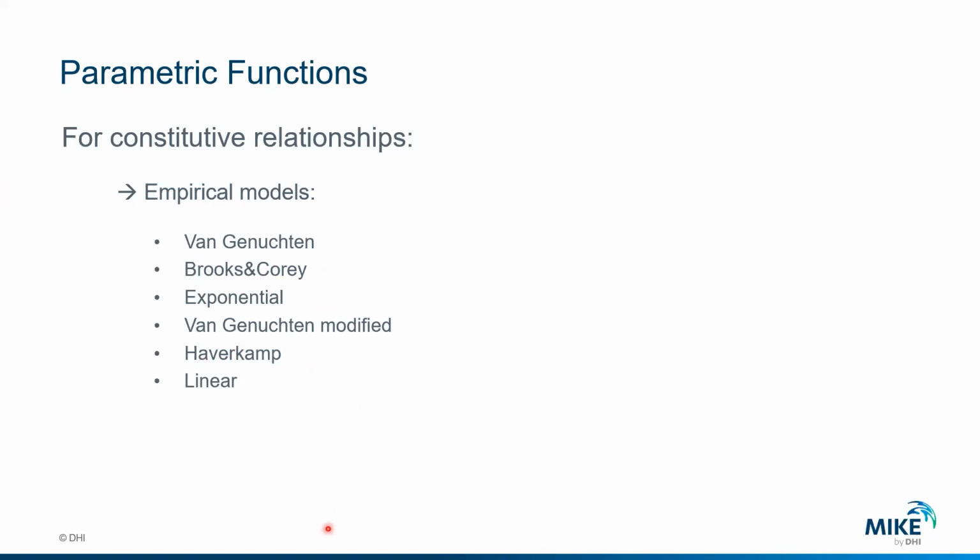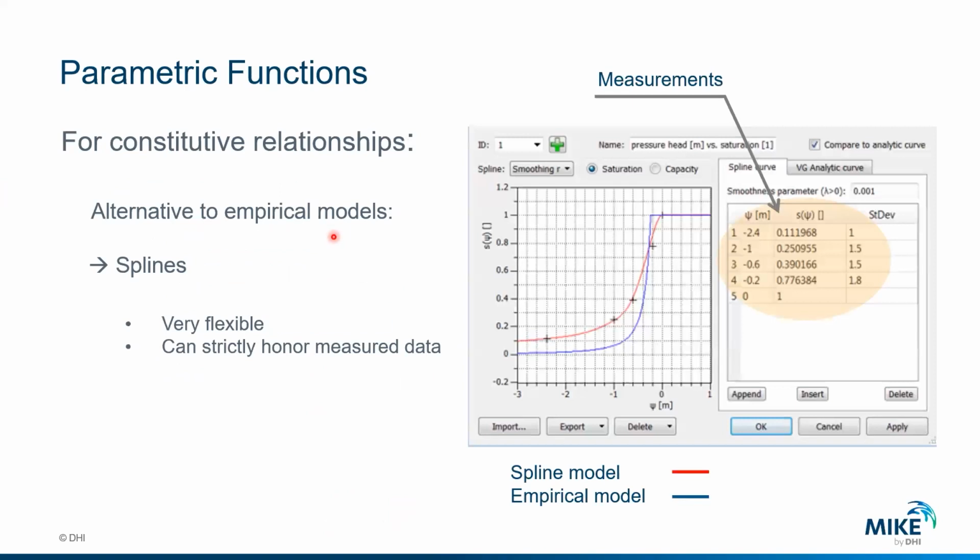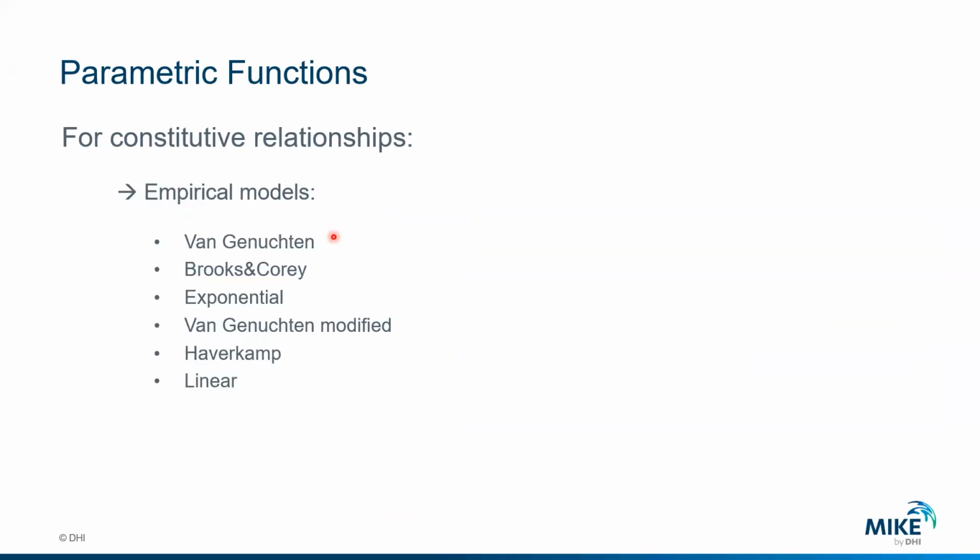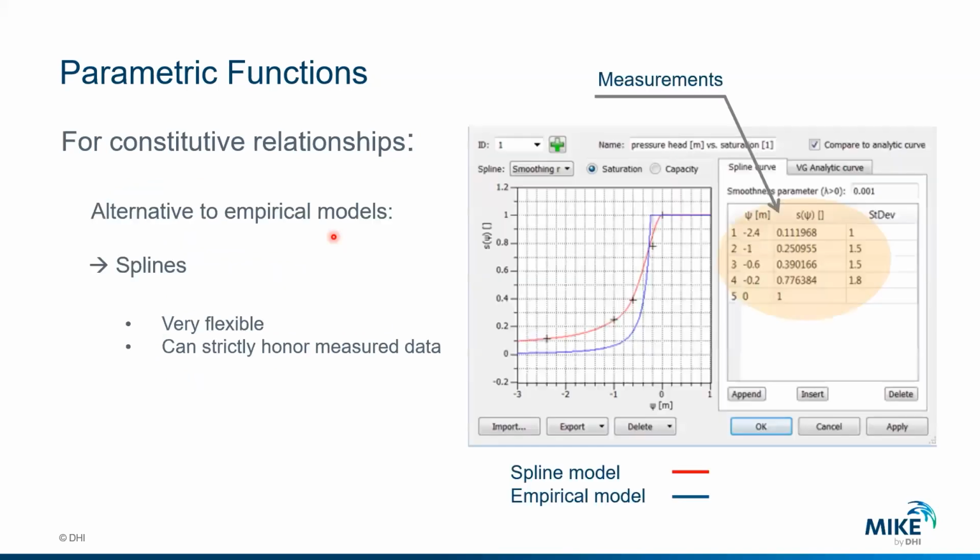The most famous are van Genuchten modified and Brooks and Corey, but van Genuchten is by far one of the most popular in use. So you can choose in FEFLOW the model, how you want to represent your parameters for unsaturated flow, and then depending on the model, FEFLOW requires a number of parameters, and we are going to see these parameters later.